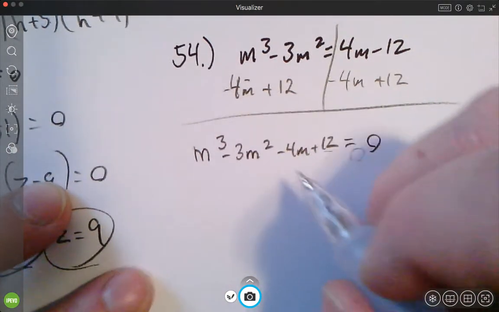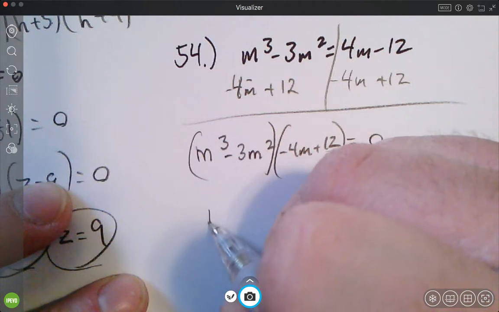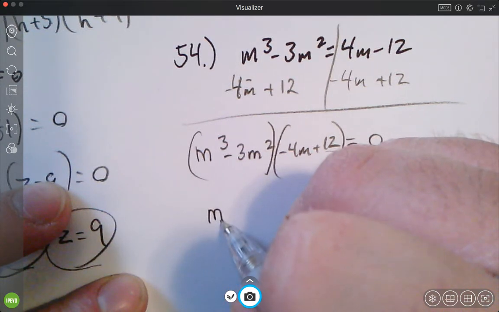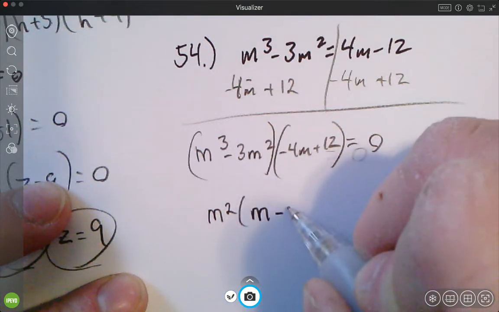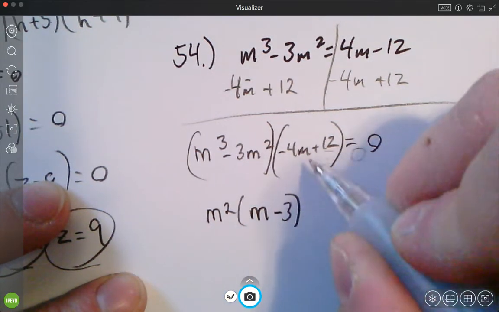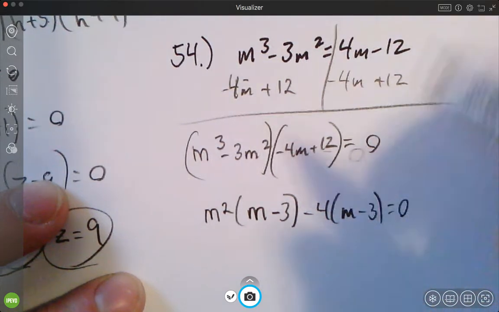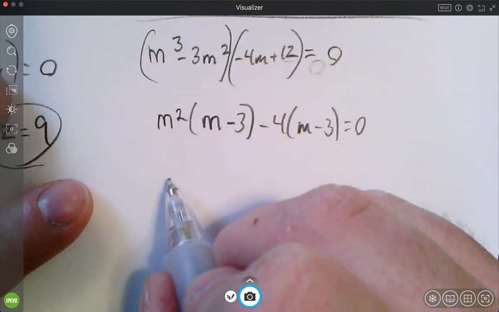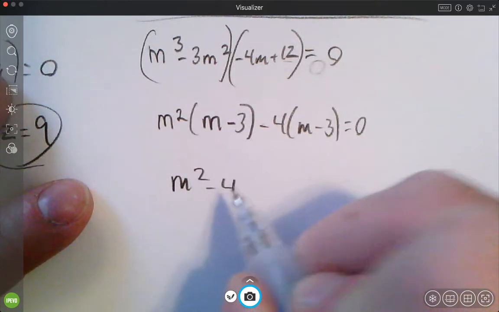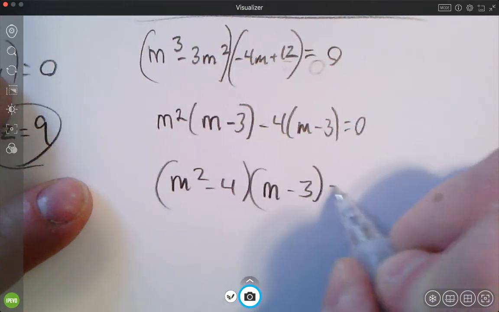So then, factor by grouping here, I take out an m squared here, m minus 3, and take out a negative 4, m minus 3. Then I'm left with m squared minus 4 and m minus 3.